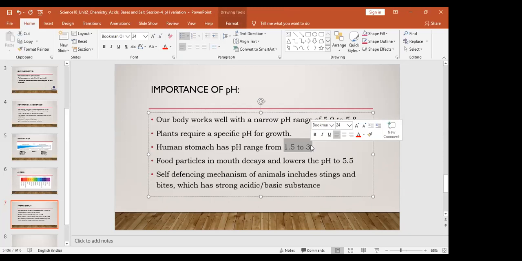HCl. So if HCl is present in a lot of amount, then the pH can go down as much as 1.5. Whereas if it is a normal condition, then the pH will be 3.